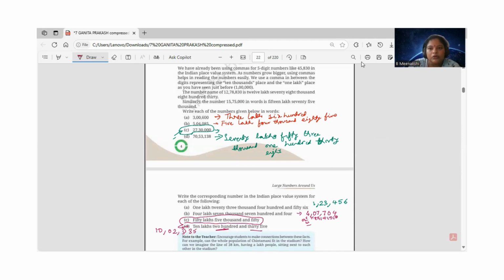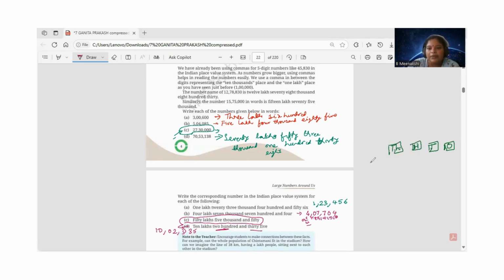So in the Indian place value system, we have ones place, tens place, hundreds place, thousands place, 10,000 place, then 1 lakh, then 10 lakh, and it goes on.